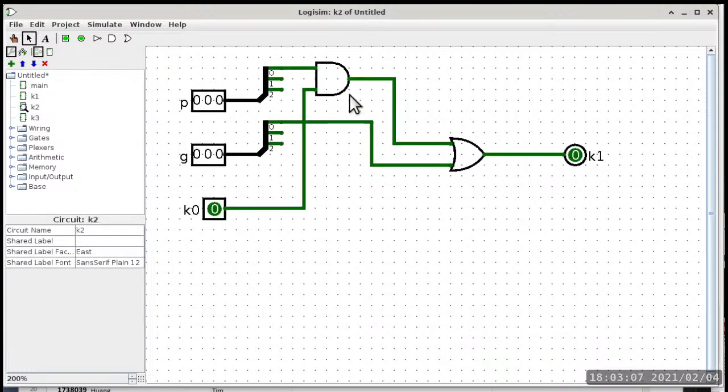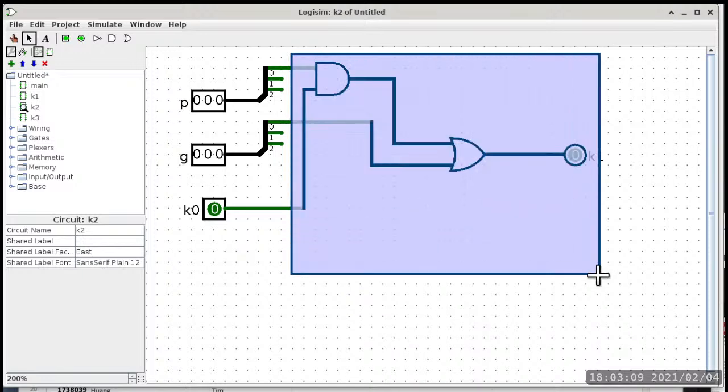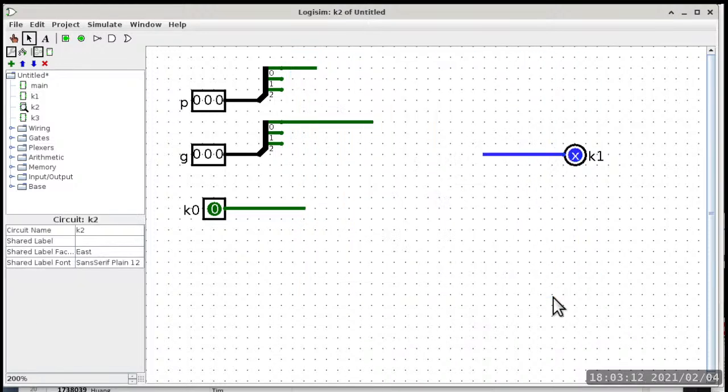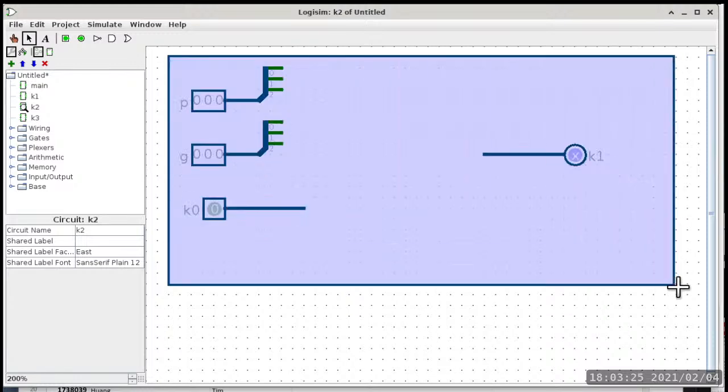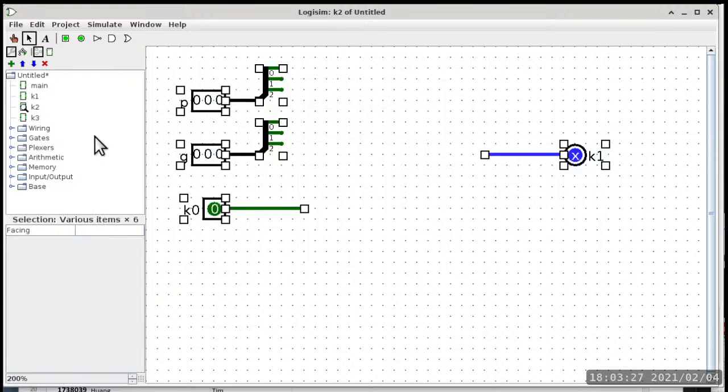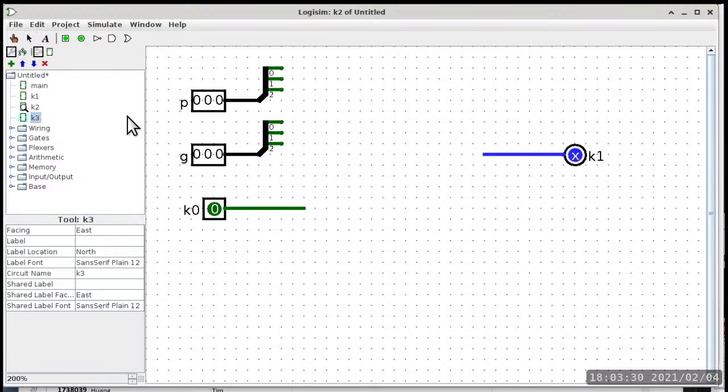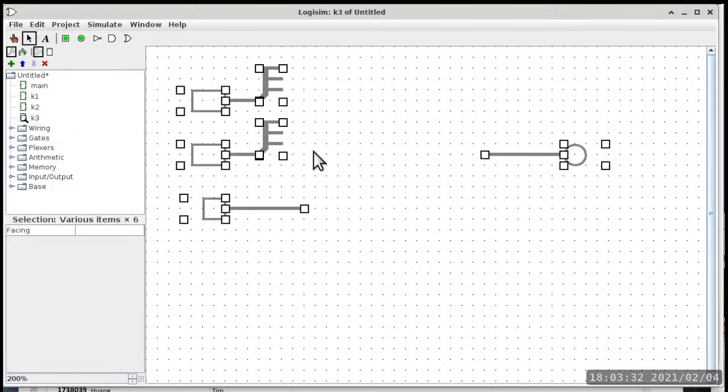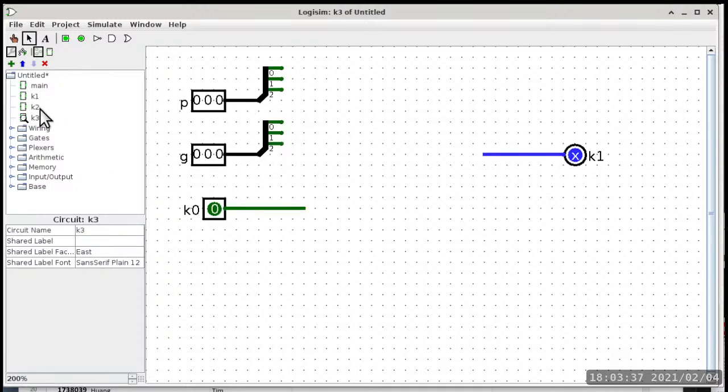I know some of these components cannot be reused, so we get rid of those, but I still end up with a template that I can reuse. The splitter, the input pins, and the output pins I can reuse. Then I do another copy and paste from here to K3. So now K2 and K3 have the input pins, the splitters, and the output pin already, and I just need to stuff them, so to speak, using the equation.